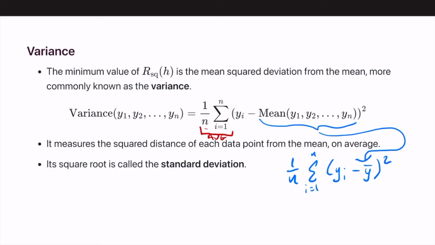The mean itself here is the squared distance from the mean. We have this square here. So what this is really telling us when we put the mean back into the equation is we get out the variance of the data set. And that's this right here. So the average of the sums of your data minus the mean is just the variance of the data set.